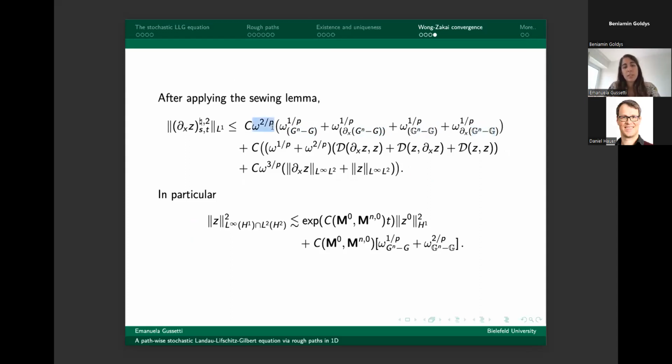And this is a control that you can think about like T minus S, a difference in time. And it's also depending on the noises. And here the constants need to depend on the initial conditions, some powers of the initial conditions.